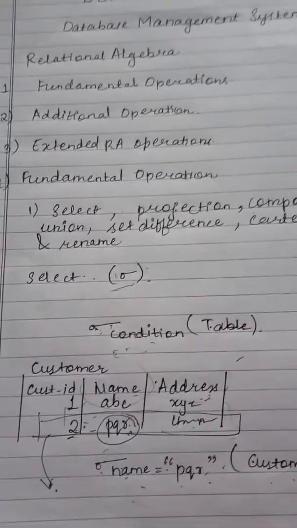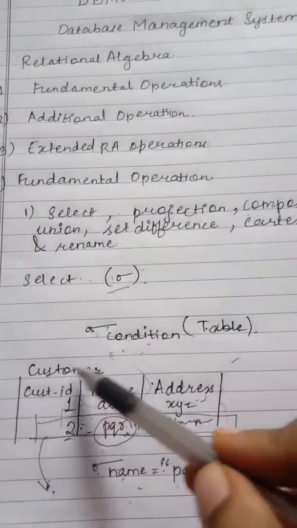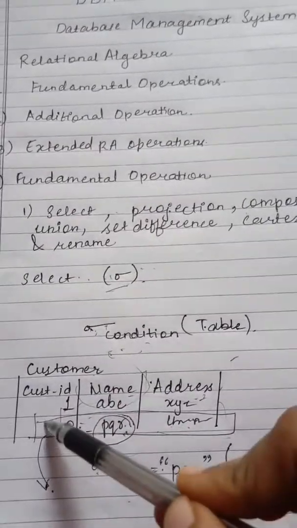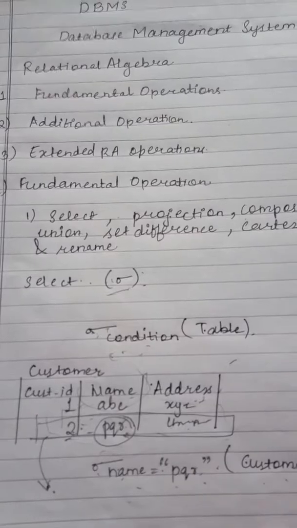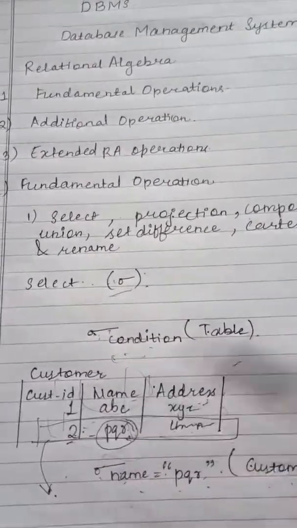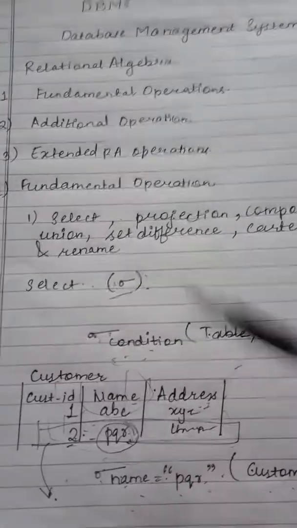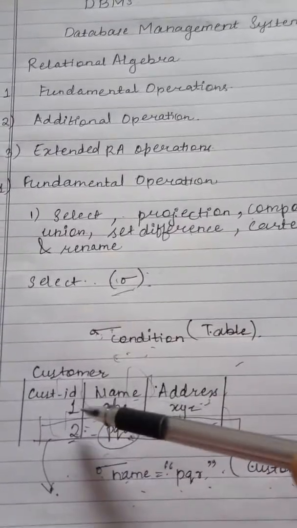Now suppose I want to select only particular columns, the whole column, not a particular row, the whole columns with their whole data. This can be done with the help of the projection operation.